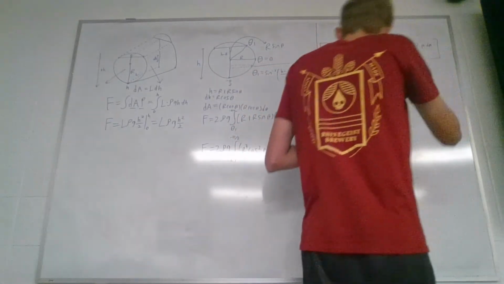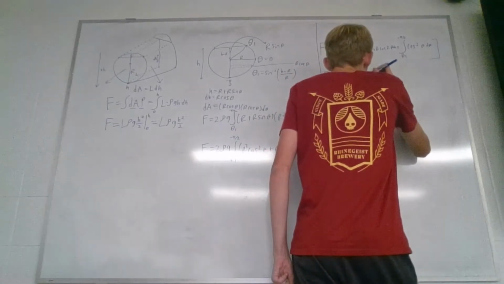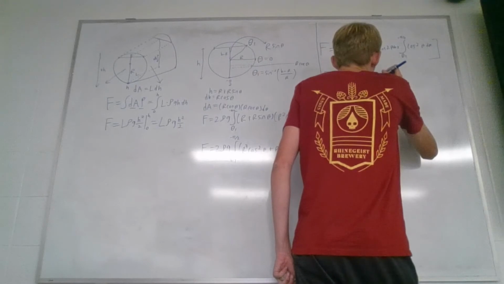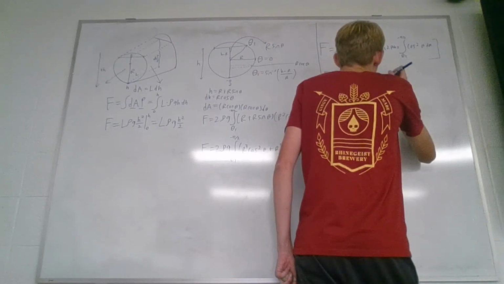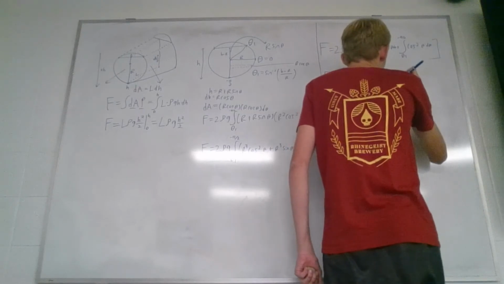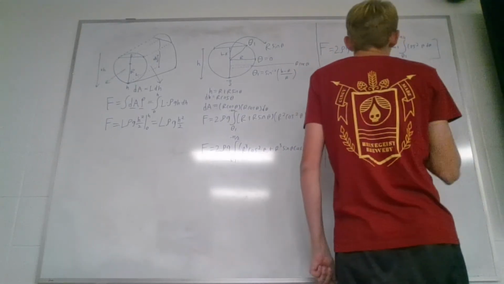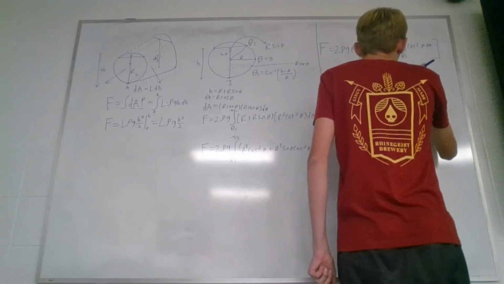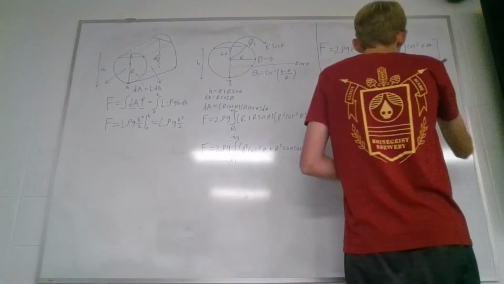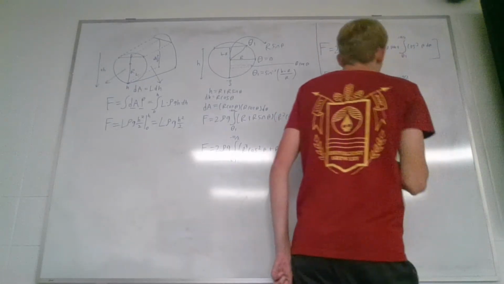So right now, we are going to end with our theta over 2 plus our 1/2 sine theta cosine theta, and that's going to be evaluated from negative pi over 2 to theta 1.